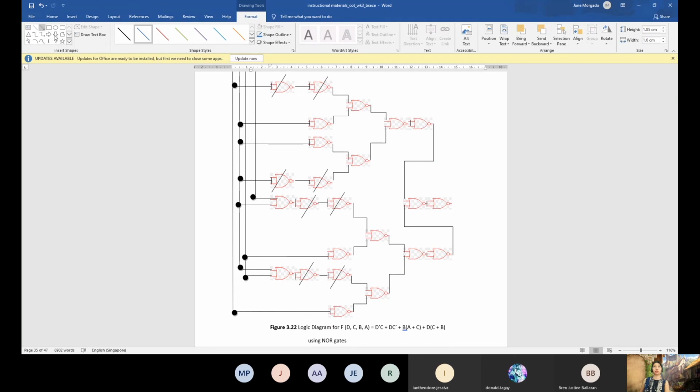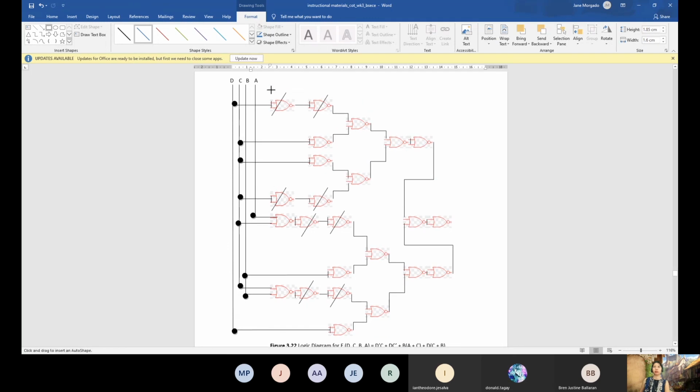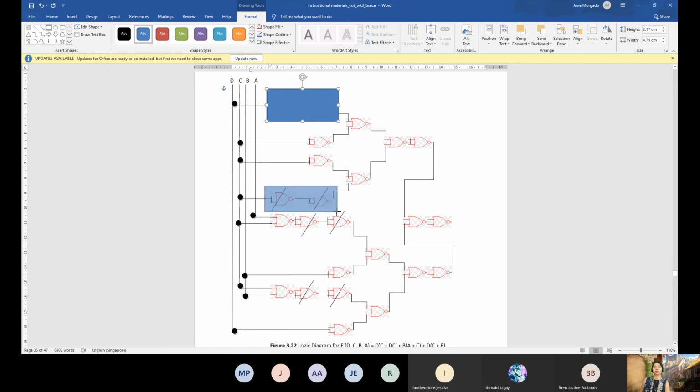So what you will do is remove the double inverters and then connect this.